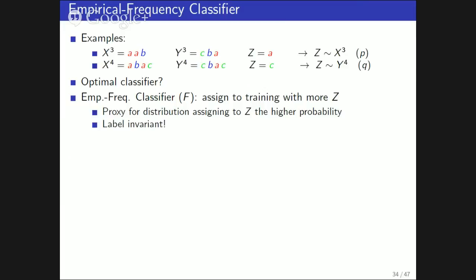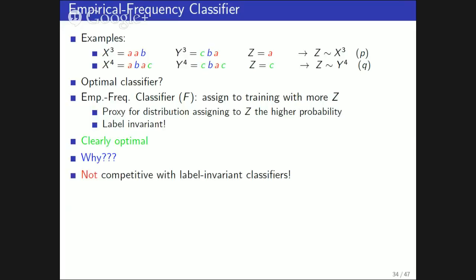One thing to observe is that the empirical frequency classifier is label invariant. Clearly, if I change the labels consistently here, it will still classify to X and so on. So it is label invariant. That's not a problem. So it seems that it's clearly optimal, right? But why should it be optimal?